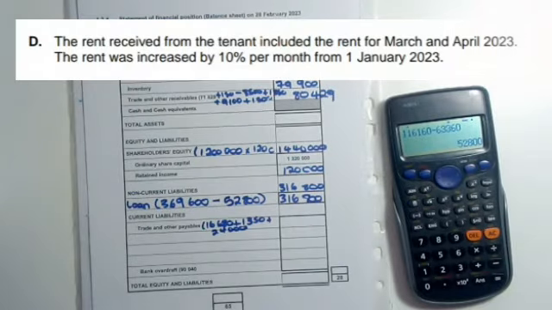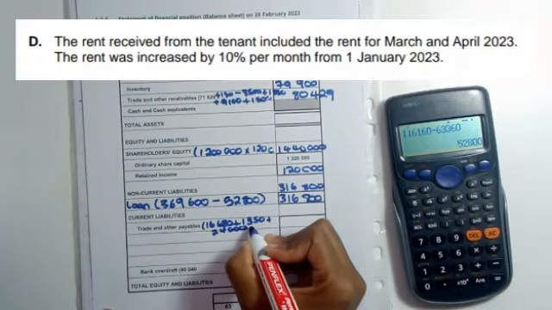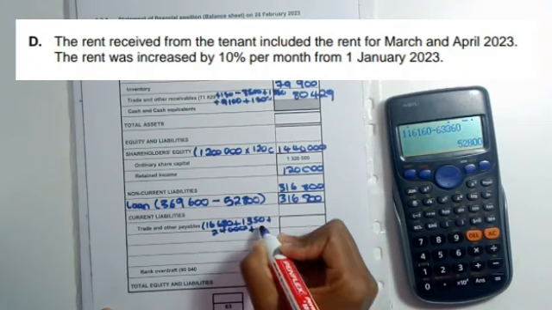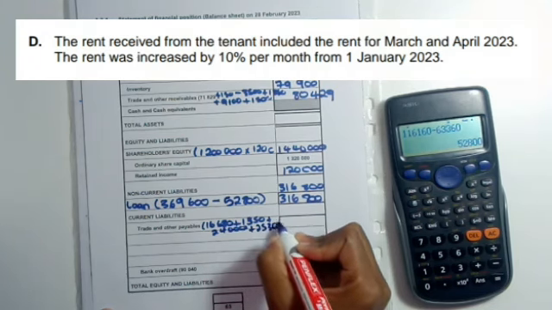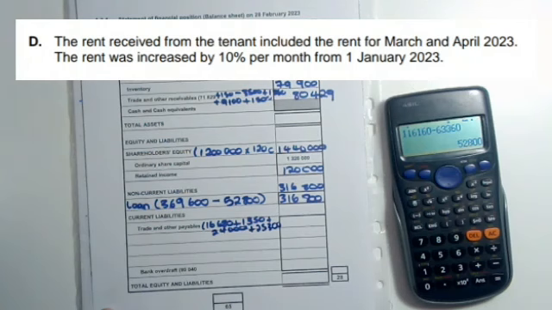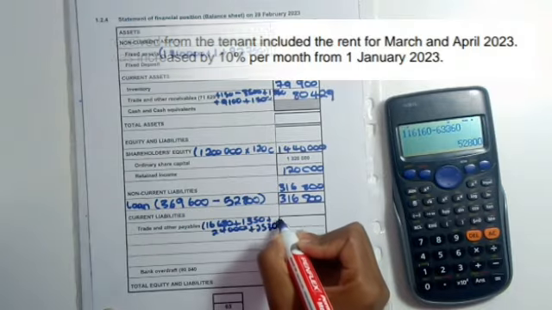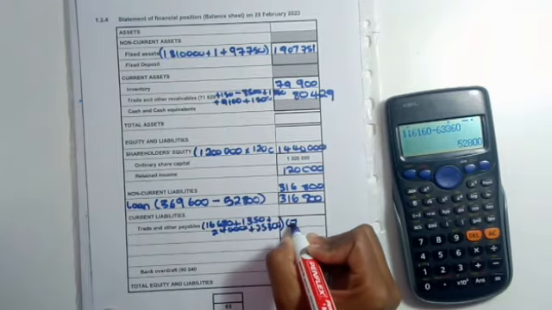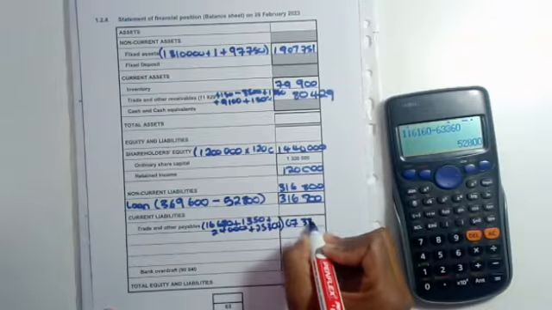We are also going to add the rent that we received in advance. Remember, when somebody gives you an amount in advance, it means that you are in their debt. So for those 2 months, remember, we came to 25,300, and that is relating to information D. So our total then for trade and other payables becomes 67,330.